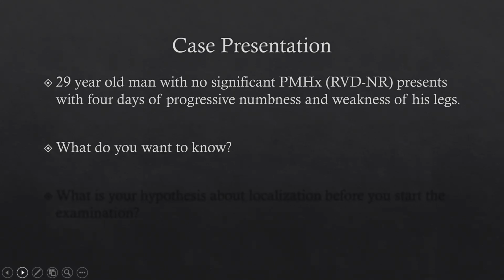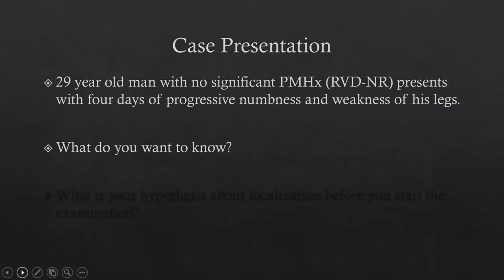As a rule, when you're getting your history, you want to go through the elements of the history, from the presenting complaints through asking pertinent questions that help you figure out whether the progressive lower limb weakness with numbness is potentially peripheral or central.